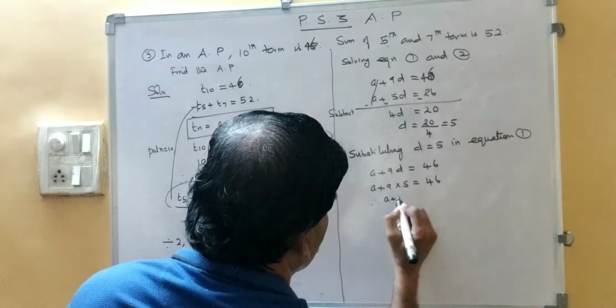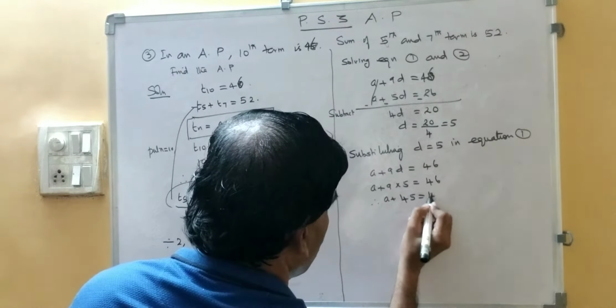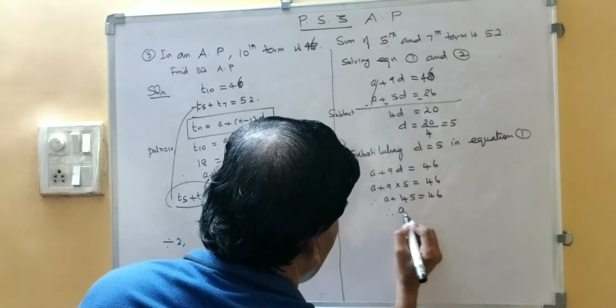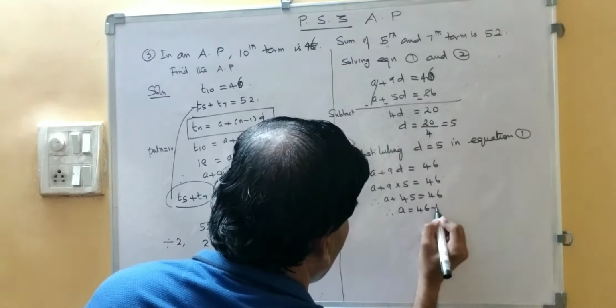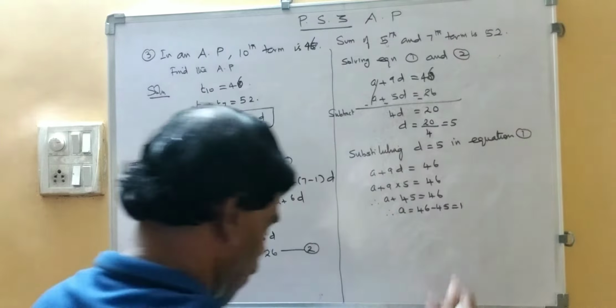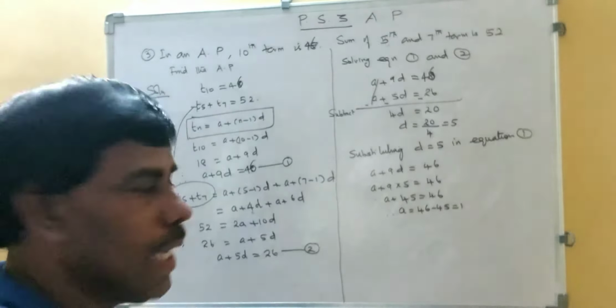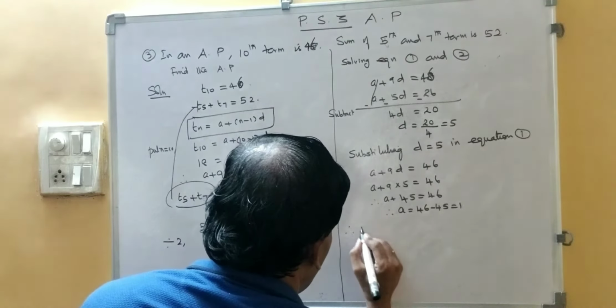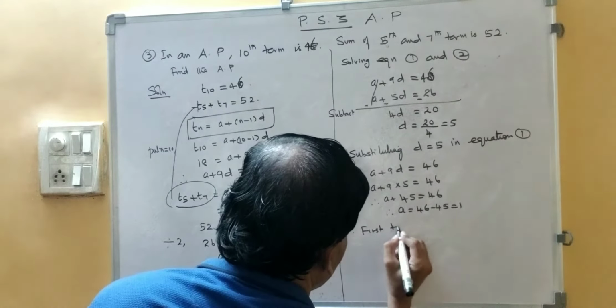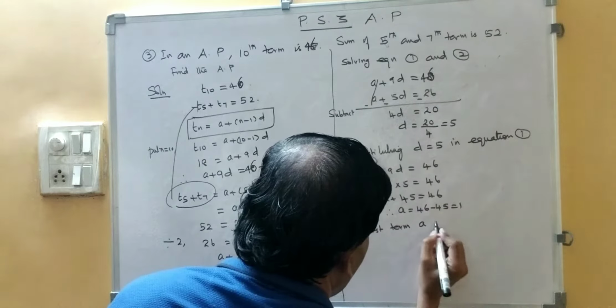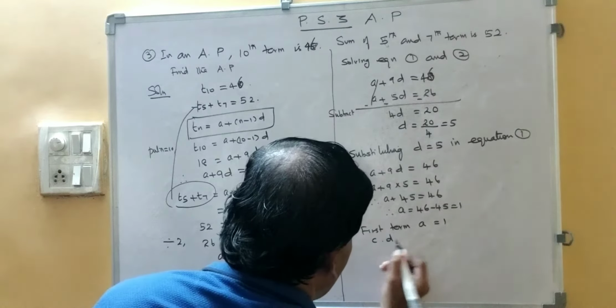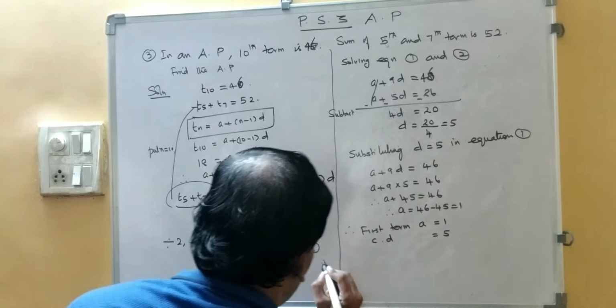Therefore A plus 45 equal to 46. Therefore A equal to 46 minus 45 equal to 1. So now we have got A as well as D. Therefore first term A equal to 1, common difference equal to 5.